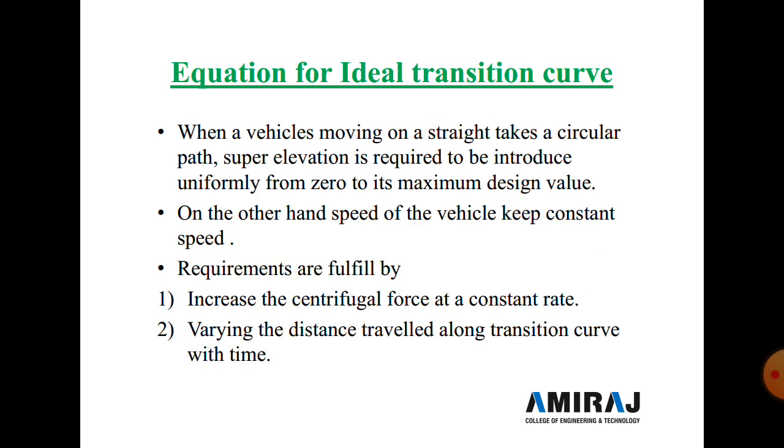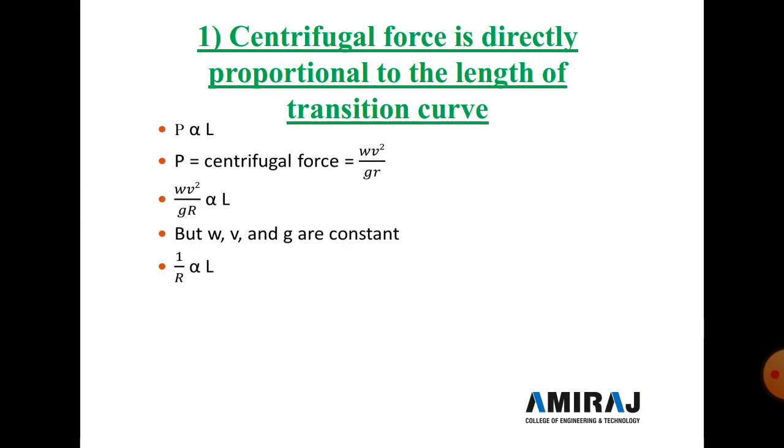Now the next topic is the equation for the ideal transition curve. When a vehicle moves from a straight onto a circular path, super elevation is required to be introduced uniformly from 0 to its maximum design value, while the speed of the vehicle is kept constant. These requirements are fulfilled by increasing the centrifugal force at a constant rate, and second, by varying the distance traveled along the transition curve with time.